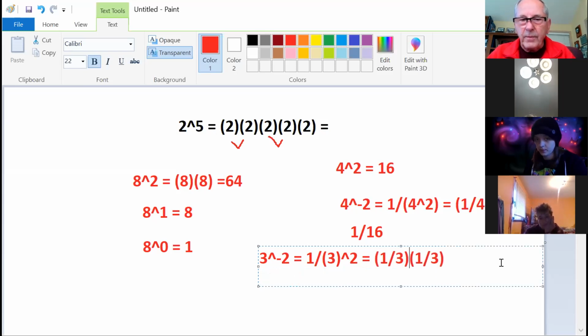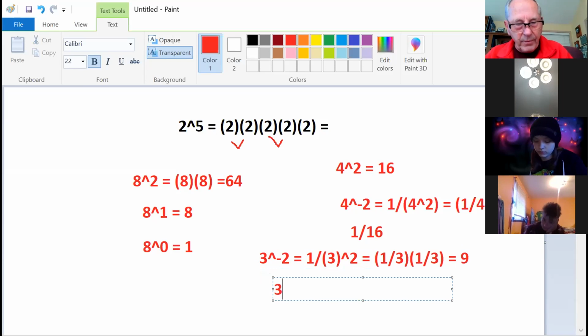That's equal to 1/9, and I'm going to show you it's the reciprocal of 3 squared. 3 to the second power is 3 times 3, which is equal to 9. Well, this should be 1/9.